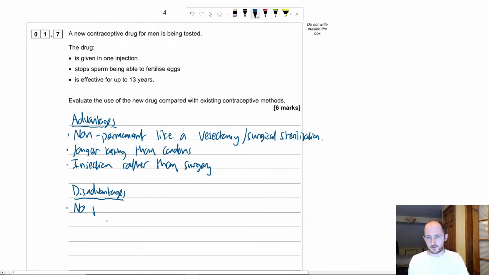No protection from STDs, unlike condoms. That's one pretty major benefit. There is another thing, it's being tested. So we don't know, unknown side effects, right?